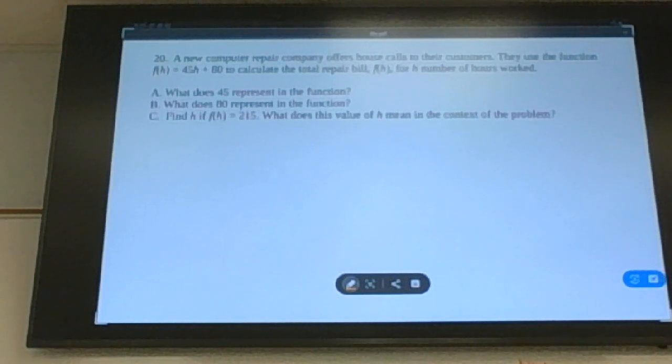That's maybe about what I really charge per hour. And what does the 80 represent? Benjamin? The initial fee. Doesn't matter how long they go, they're charging $80 just to show up.